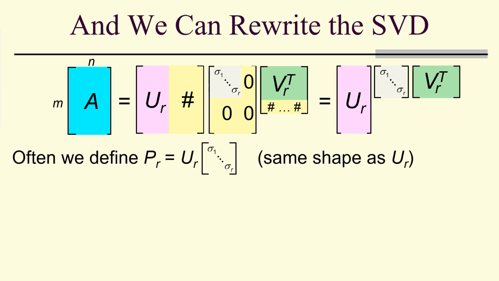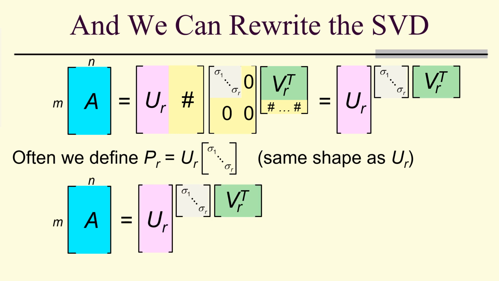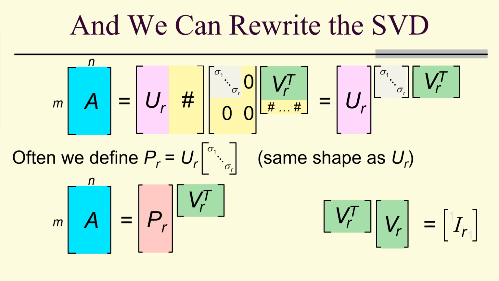We often define P sub R to be U sub R times that square matrix of singular values. And then we get A is P sub R V sub R transpose, where V sub R transpose V sub R is the identity matrix I sub R, R being the rank of A.